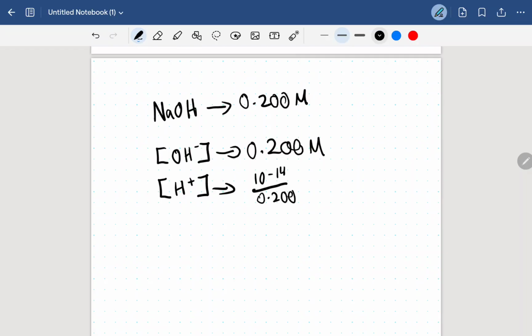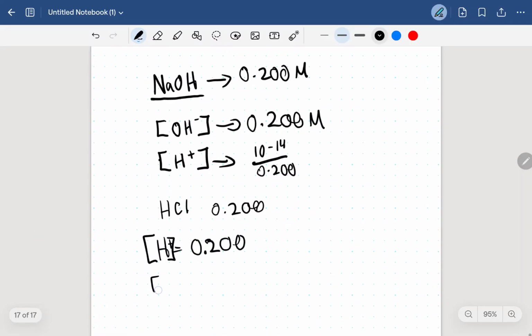So when they give you OH and ask for H, do this. Let's say you have HCl, which is also 0.200. The concentration of H plus would be equal to 0.200, and for OH you would need to do the formula.